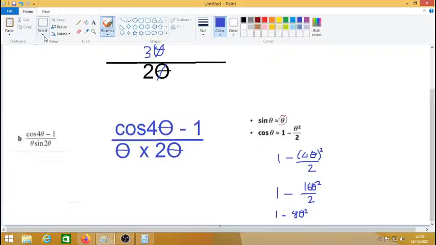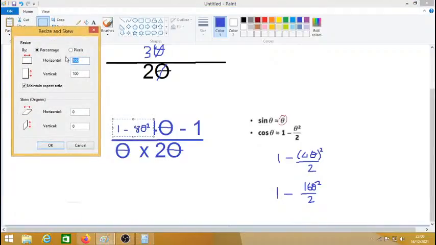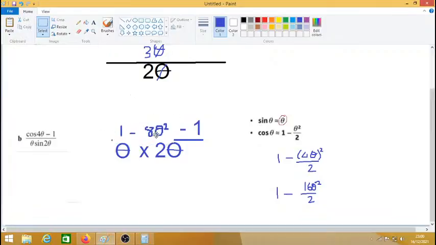So let's take the 1 minus 8 theta squared and replace that over here. I'm going to need to resize that. Okay, that's better.